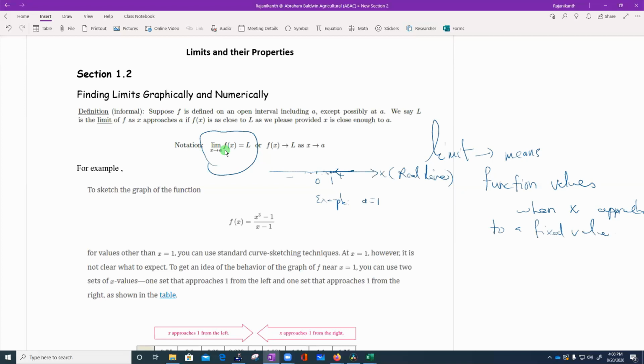Your x value may approach 1 from the right or from the left. So when you are asked to find the limit, you are finding the limit value in both directions, the x value approaching a from the right and the left as well. If you could find a common value for both directions, then we say that the limit exists.